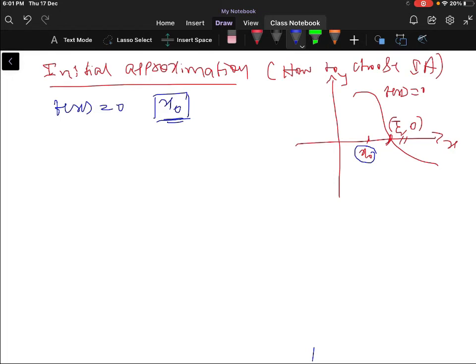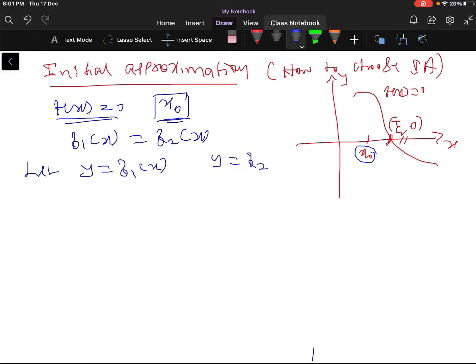To find the initial approximation, f of x can be conveniently written in the form f1 of x is equal to f2 of x. Let us take y is equal to f1 of x and y is equal to f2 of x.